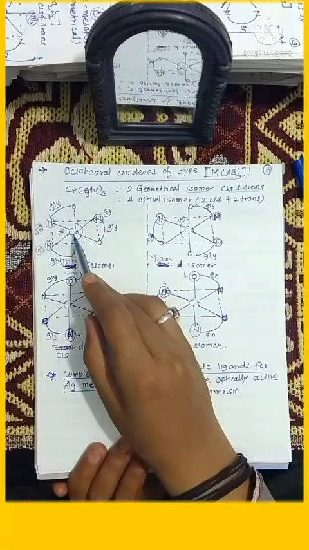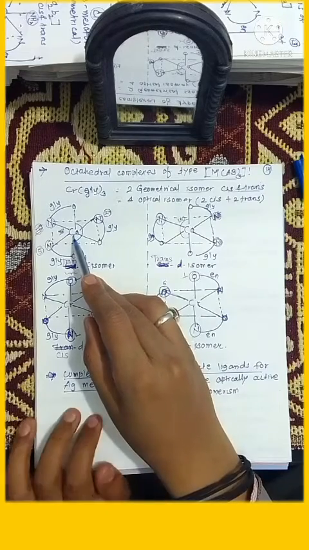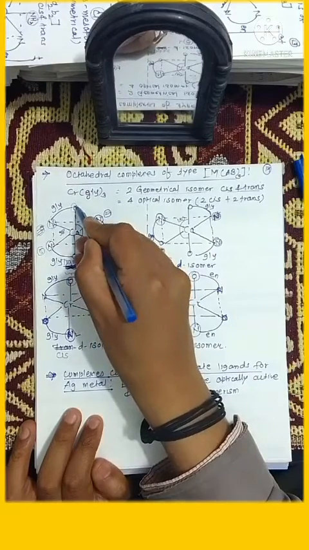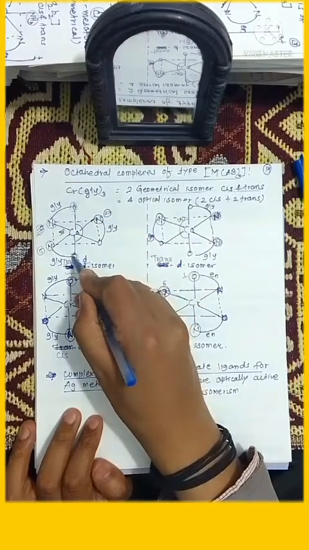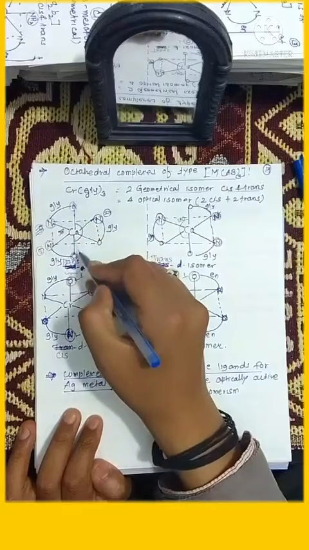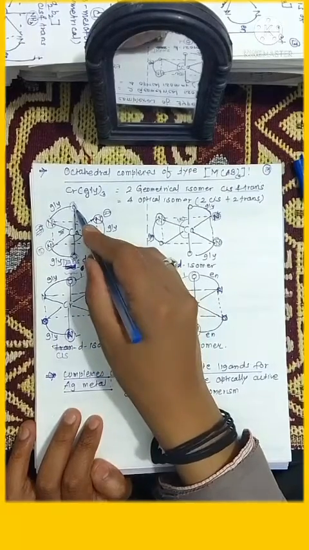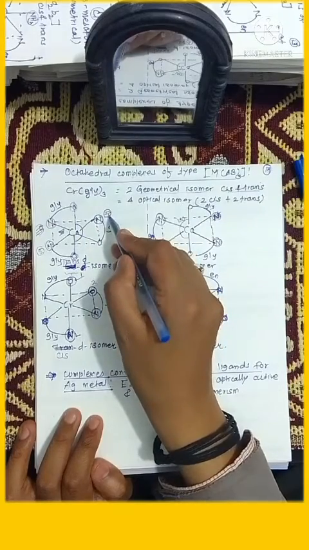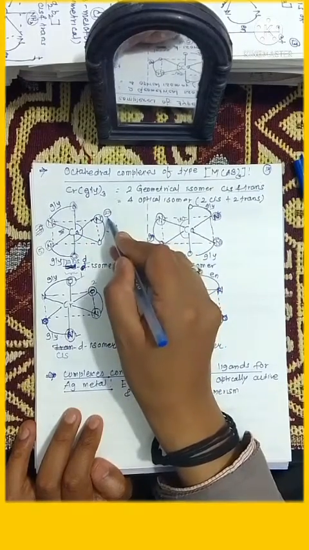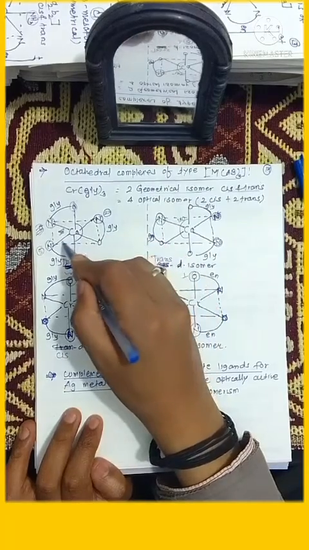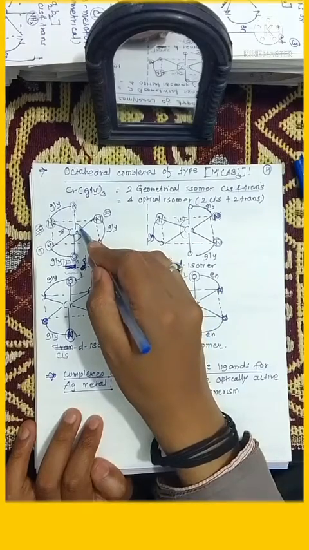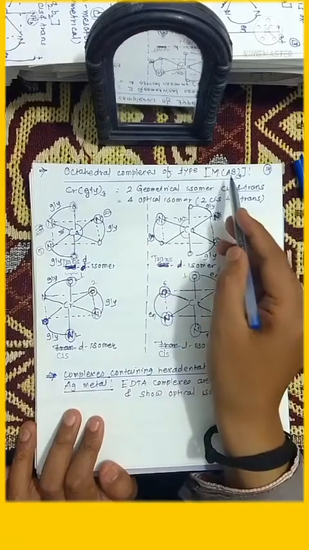So just see in this arrangement of the complex, at 1 position and 6 position, the same donor atom is present, that is oxygen. Also at 2 and 5 position, the same donor atom is present. That's why it is the trans geometrical isomer of this compound.